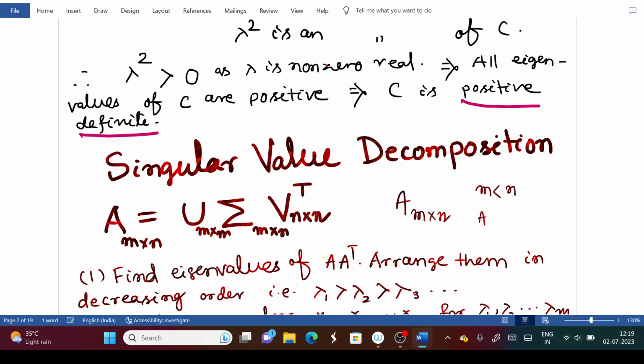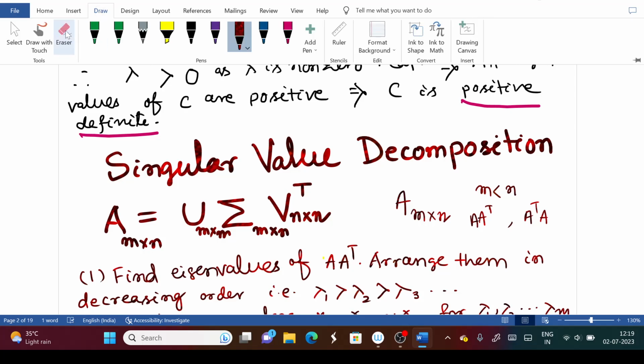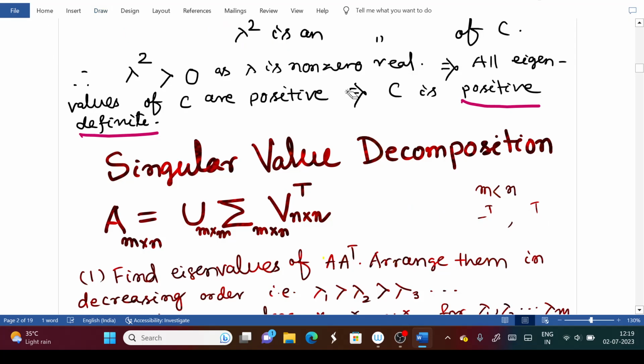If m is larger, then first we will find A transpose. The smaller matrix we will study first, because its eigenvalues and eigenvectors can be very comfortably obtained. If it has a lesser number of rows and columns, then it will be easy to find the eigenvalues.